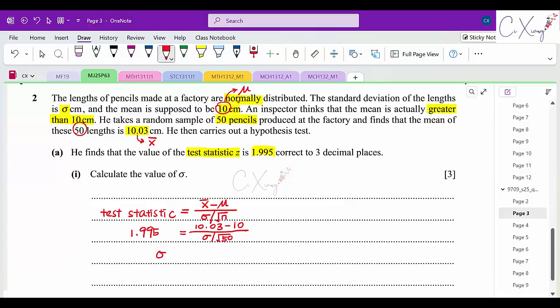Then slowly move all the numbers to one side, keeping sigma on the left. You will get a long value here. For the answer for sigma, we correct it to 3 significant figures, where it should be equal to 0.106. So this is what you have for part 1.